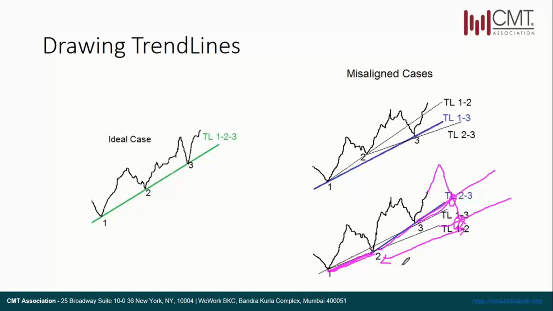The spacing would have been quite wide in comparison to what it was between 1 and 2. So in this sort of situation also, if you follow the principles of symmetry, the breakdown at 2 and 3 would again be questionable. I really would not have much clarity on whether I should go short here or not. So these are a few things that I thought I should mention when it comes to trend lines.